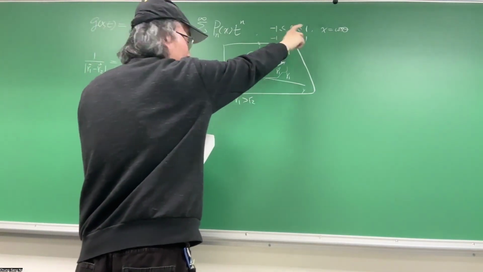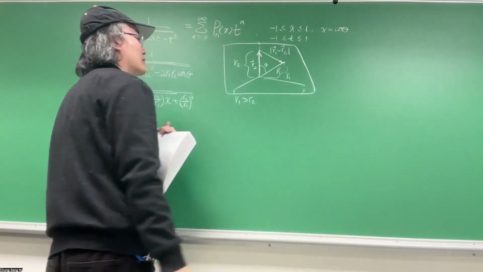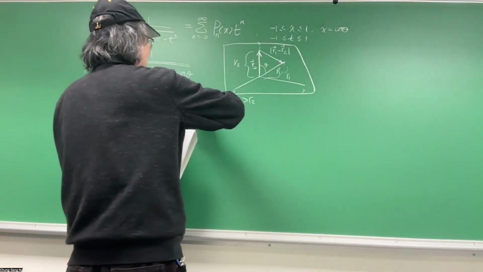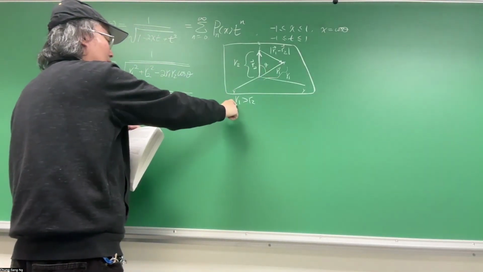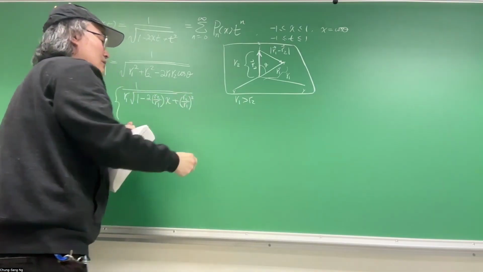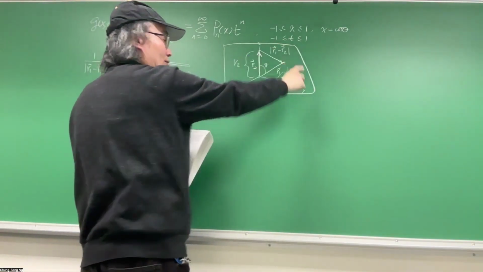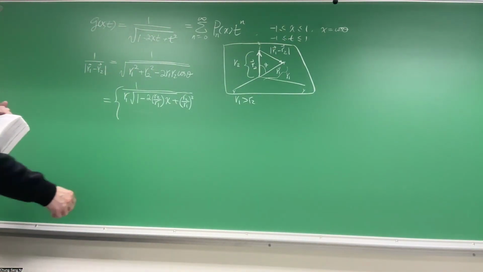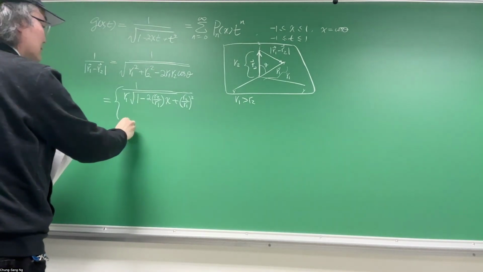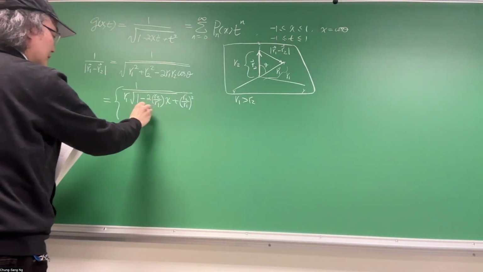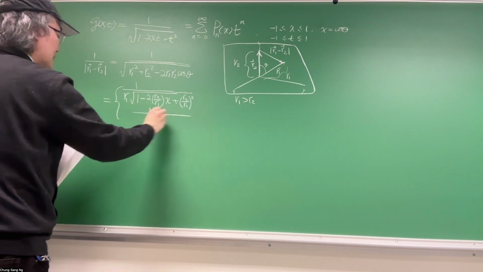Cosine theta, you satisfy this inequality. And t also, because we require R1 greater than R2, so this ratio is also less than 1. Right? And now the second case obviously is just the reverse. Right?